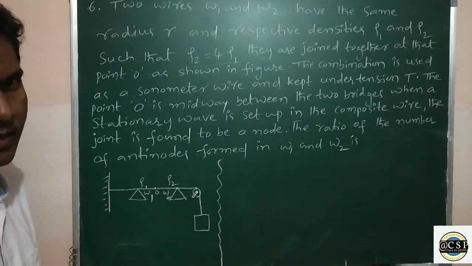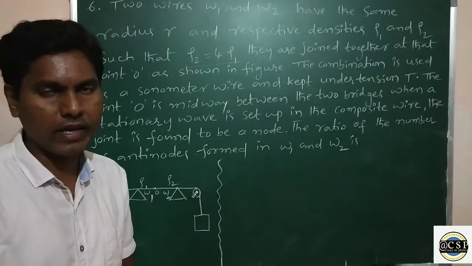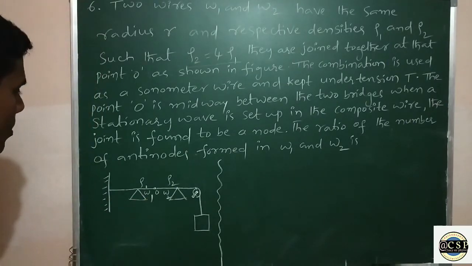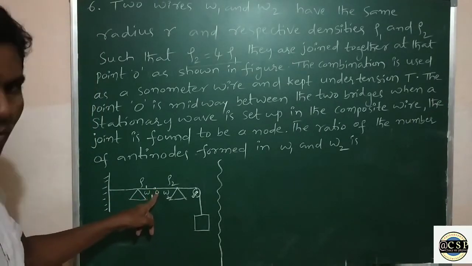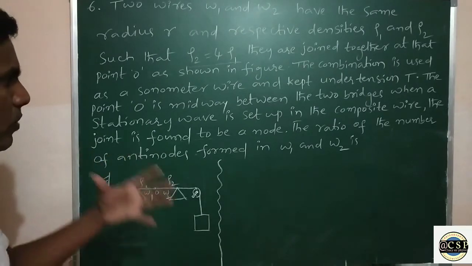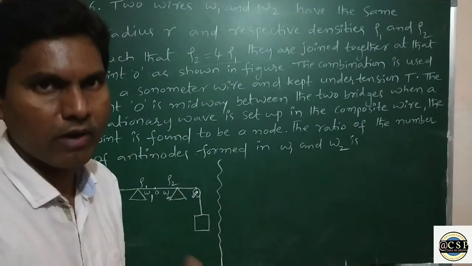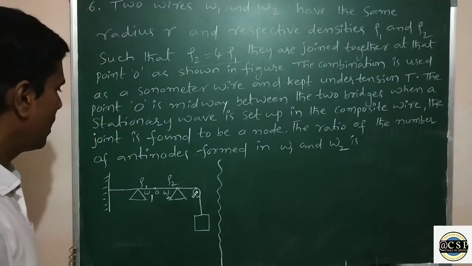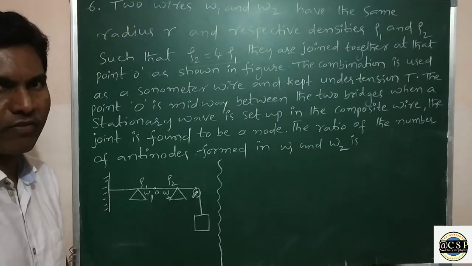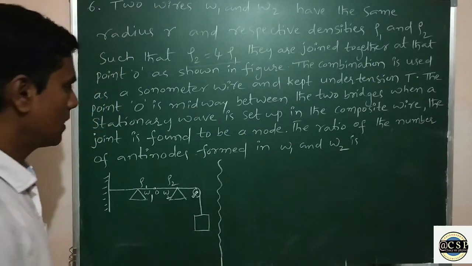There are two wires, W1 and W2, and they are attached at the center, that is O, as given in the diagram. According to this diagram, we have to calculate the ratio of the number of antinodes, or number of modes.